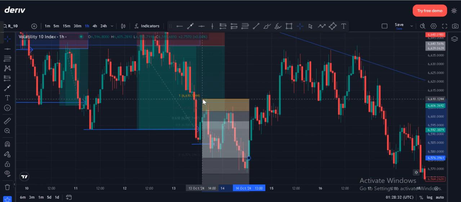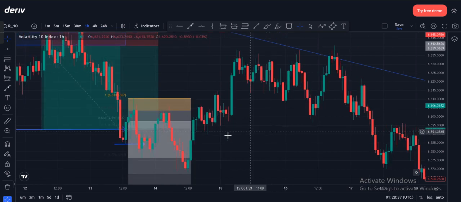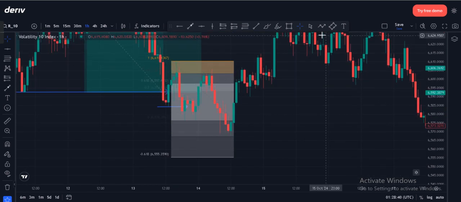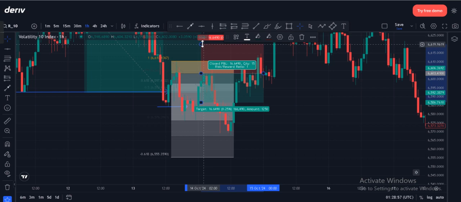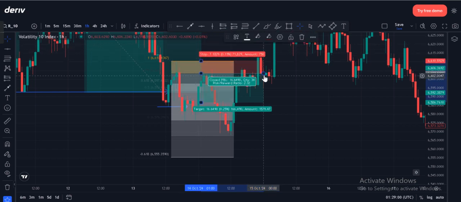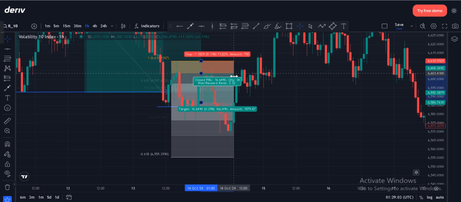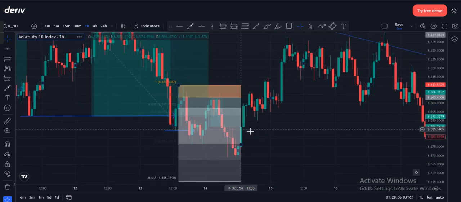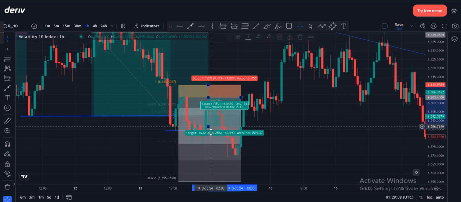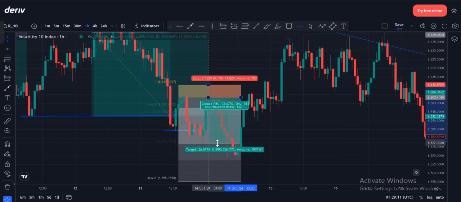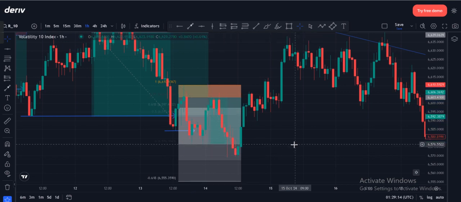So now this being the case, basically all we can do is we set our stop loss, which is at the swing high, and our take profit, which is here.